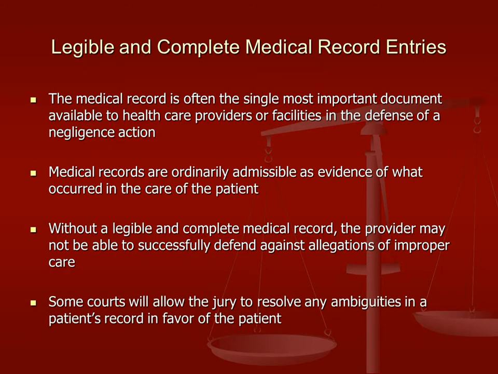Now, the book points out that some courts will allow the jury to resolve any ambiguities in a patient's record in favor of the patient. We say ambiguities.